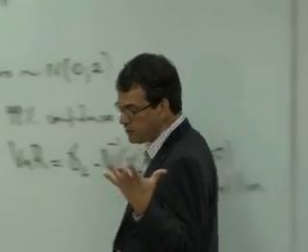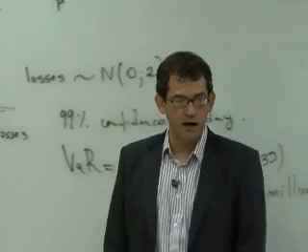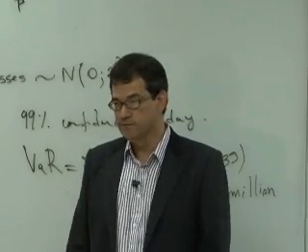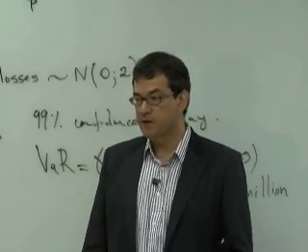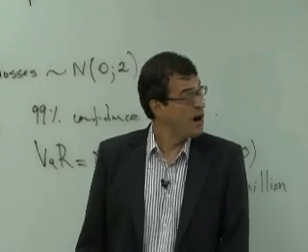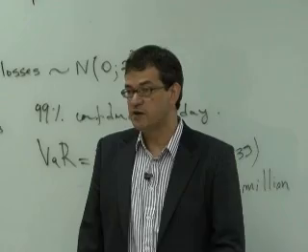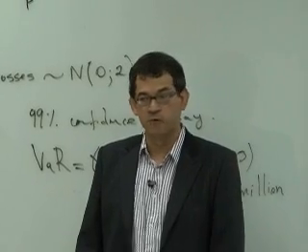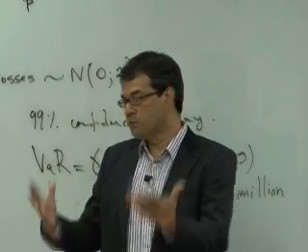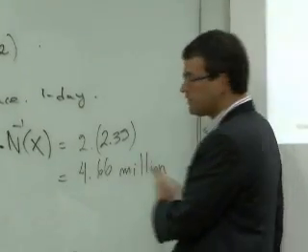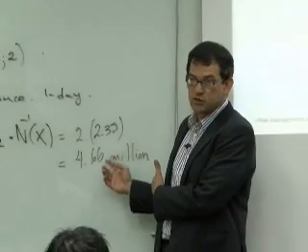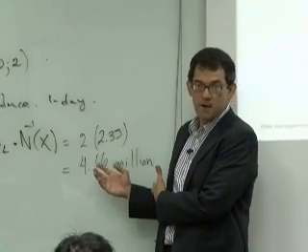Like how much money the bank could lose tomorrow in a very extreme scenario. How much money they could lose, and give you the amount of losses that they could face, for instance, in the loan portfolio. The question is, suppose that I am expecting to lose $4.66 million tomorrow in my loan portfolio.